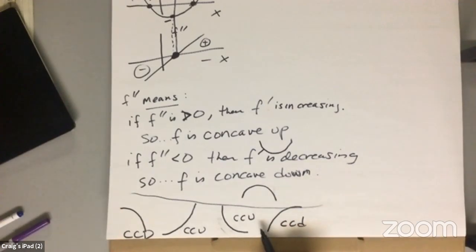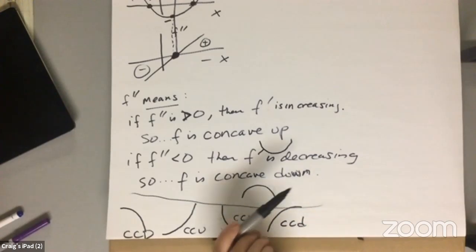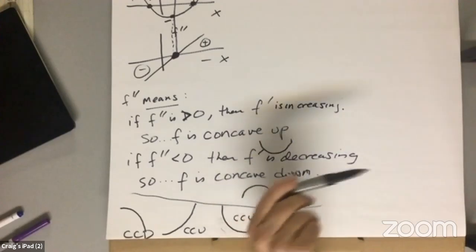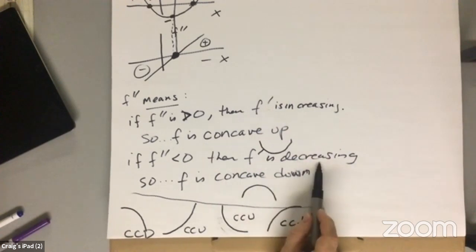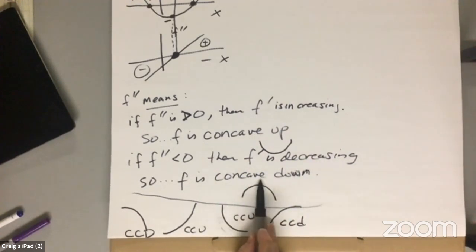This is concave down, even though it's going up. I'm not asking if it's increasing. I'm asking what the second derivative is doing. I'm asking if the slope is increasing, and the slope is actually decreasing. The slope is dropping. So wherever the slope is decreasing, it's concave down.